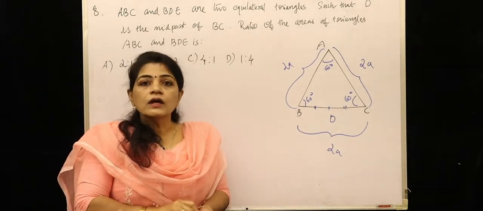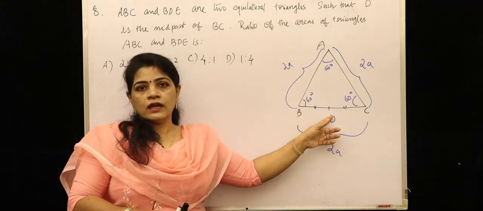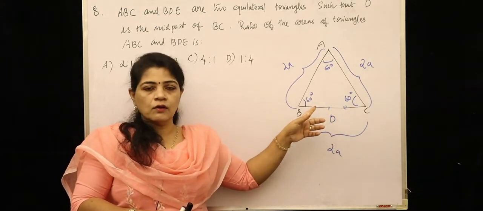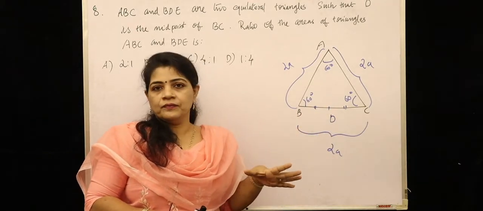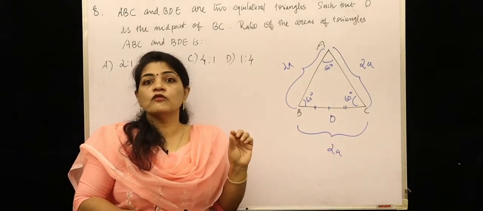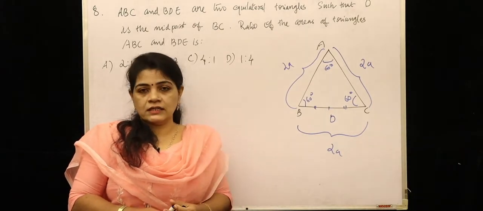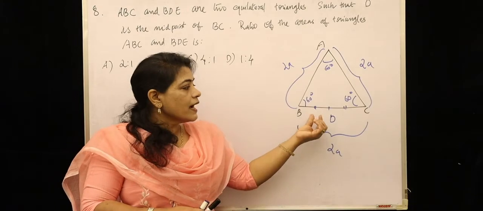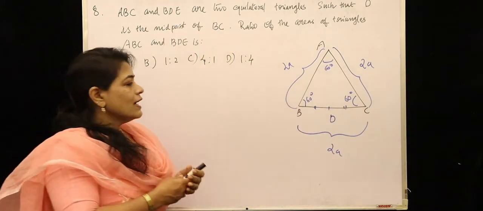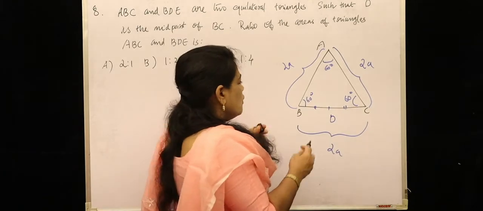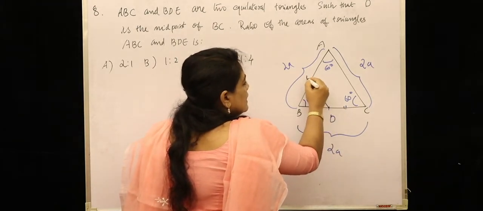Now the vertex B is here, and D is also here. Being the midpoint, BD will be equal to DC. D is the midpoint of BC, that is given. So we have to draw another equilateral triangle with side BD, that is BDE.